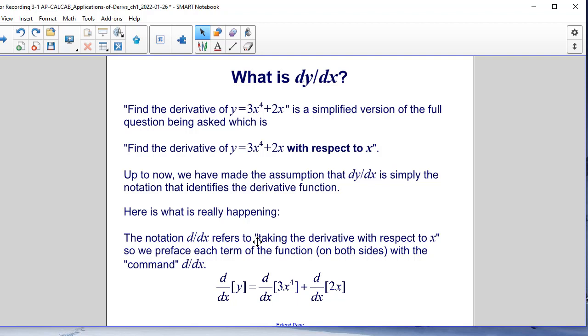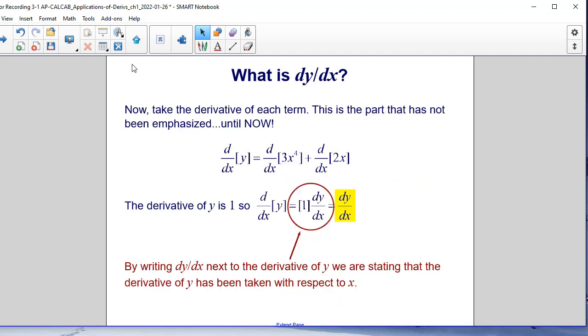It's taking the derivative with respect to x. So we preface each term of the function on both sides with the command d over dx. What's really happening is d over dx of y. Then we take the derivative with respect to x of 3x to the fourth, d over dx of 3x to the fourth. Then we take the derivative with respect to x of 2x.